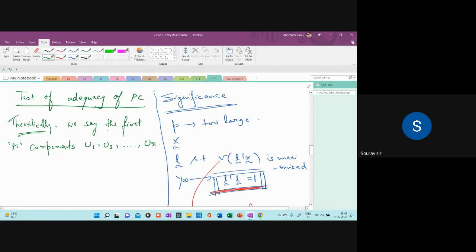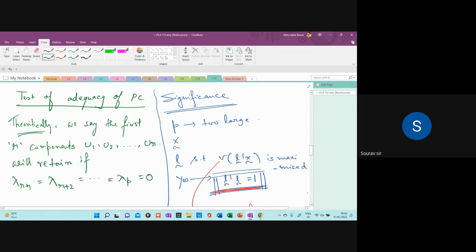Okay, so when we say the first r components, we should retain them if lambda r plus 1 is equal to lambda r plus 2 is equal to ... lambda p is equal to 0.